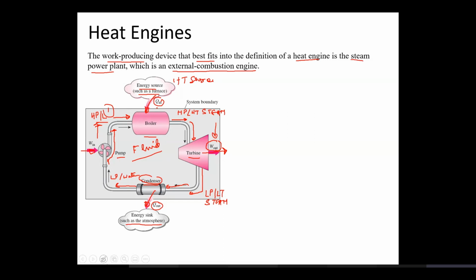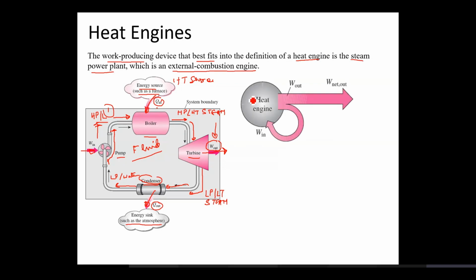Yes, sir. All right. So the heat engine is producing work out. This is the work out of a heat engine, and a portion of this work out which is being produced is utilized in running the pump. That is work in. The remaining portion of it is basically the net work out of the heat engine.